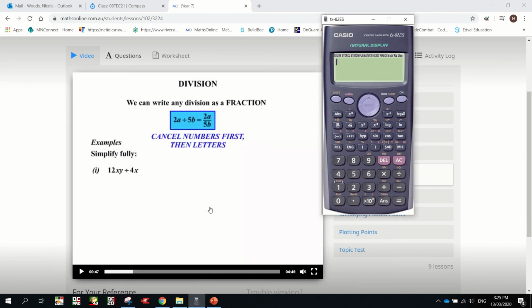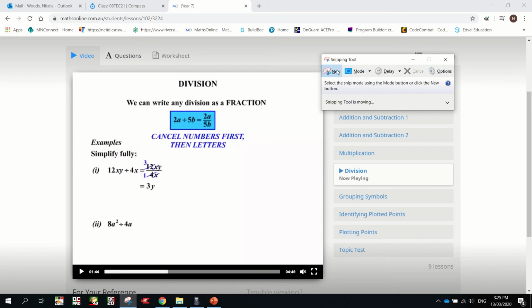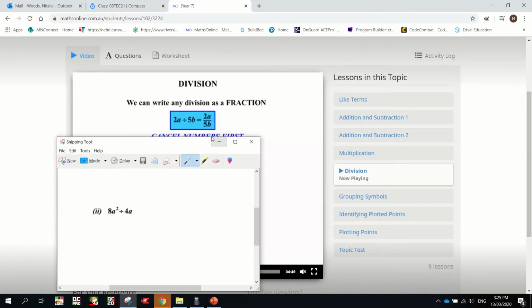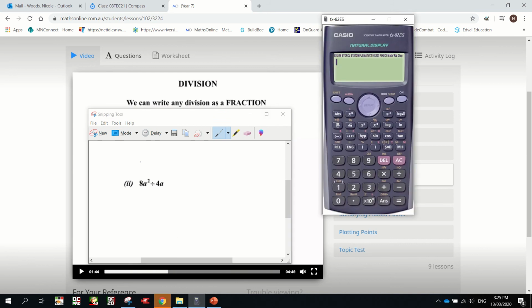So the next one, let's just skip ahead a little. Let's go back a little. Let's grab that one. All right. Let's do the same thing.